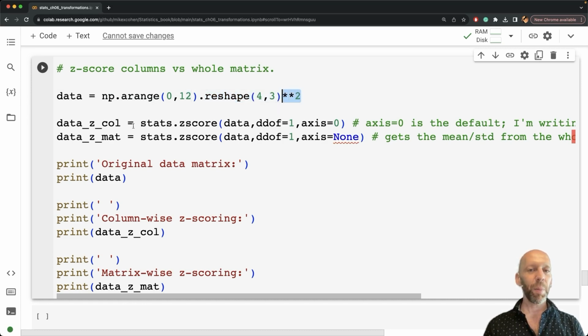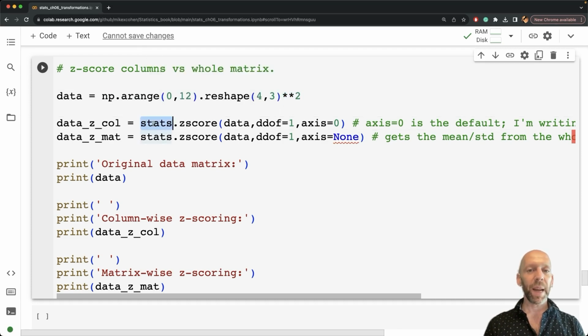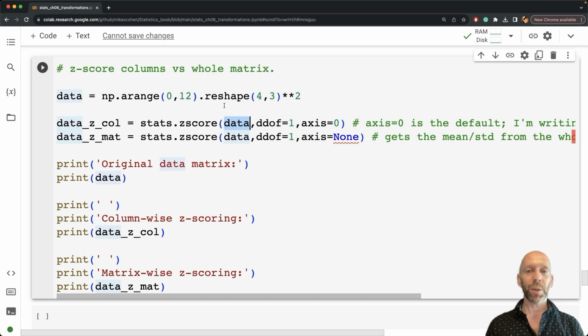And here is the key part of this exercise. Here are the key lines of code. So stats.zscore, input the data just like we did before, specify the denominator degrees of freedom to be 1, just like we did before. But now, because this data variable is a matrix, a multi-dimensional array, we can actually specify the dimension along which to average and compute the standard deviation, to apply the z-transformation.